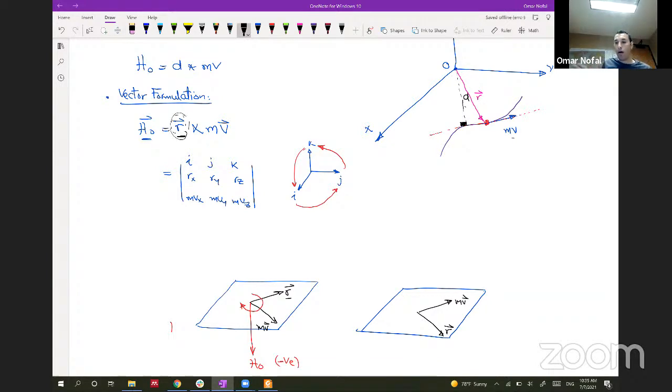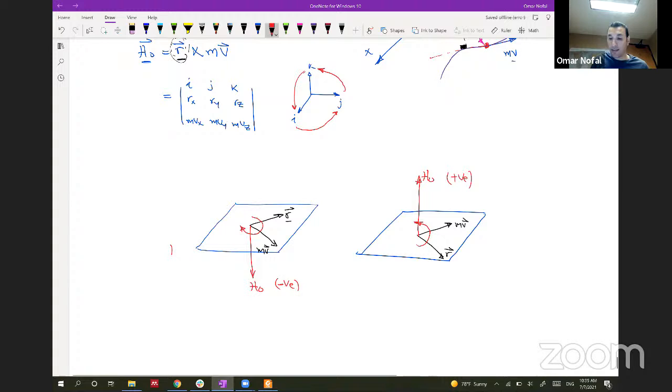So you will curl your fingers and move from R towards MV, and you will find that your finger is going up. So this is the direction of HO, and it's positive because it's going up, and this is negative because it's going down. And this is how you multiply any quantities.